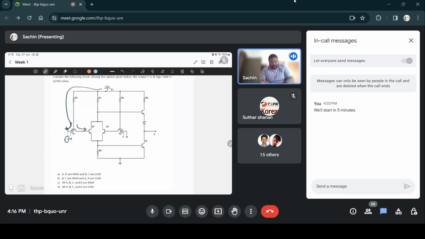Since no current flows into the base, transistor Q3 will be off. Similarly, suppose one of C and D is also low. Let's say C is low. Then this base-emitter junction is on, so current can flow through this path and no current will flow through this path. Therefore, this Q4 transistor is also off.